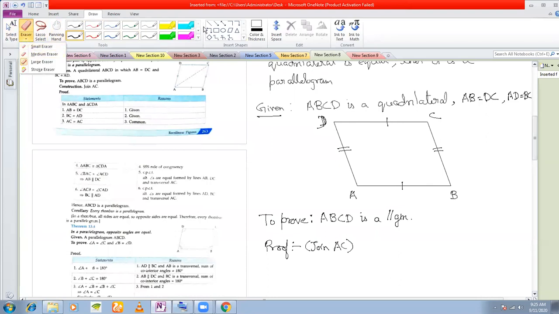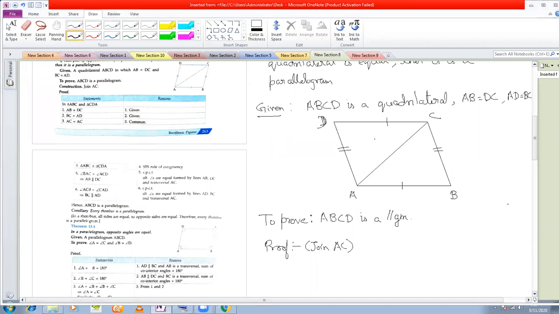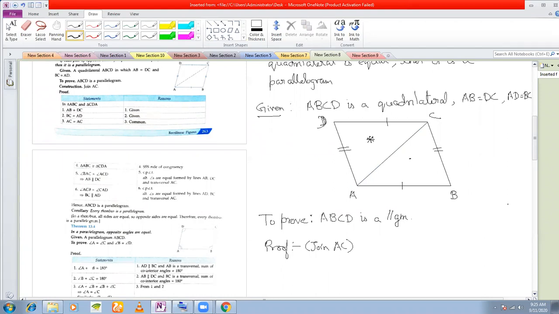Now, in order to proceed with the proof, we are going to prove that these two triangles are congruent again. But this time, what is given to us is different. Unlike the proof that we did earlier, where ABCD was a parallelogram, here ABCD is not a parallelogram. Here, ABCD is a quadrilateral.